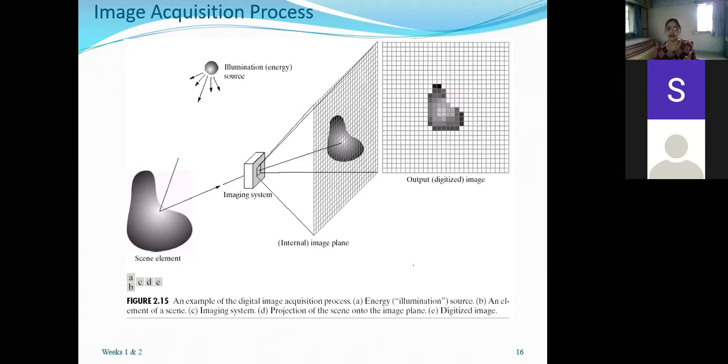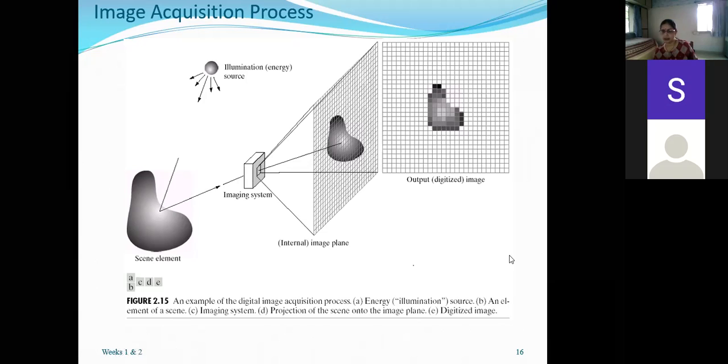We can say we are simply considering the projection of this real 3D object on a two-dimensional plane. We are dealing only with the two-dimensional projection of the 3D image.